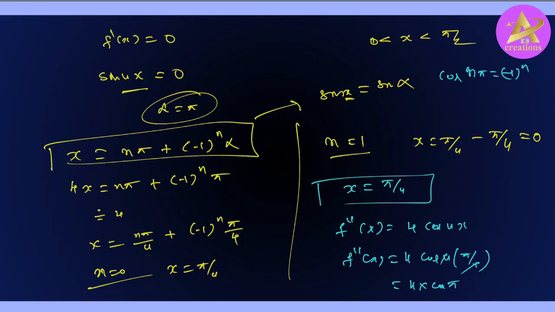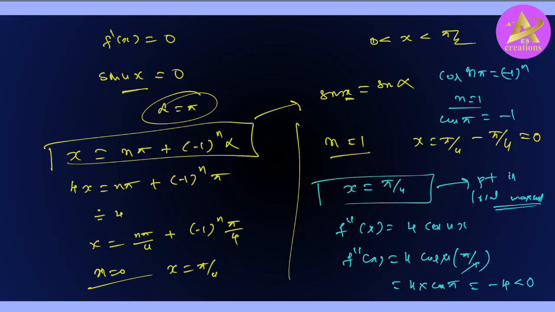Here, what is the coefficient of pi? 1, right? If n is equal to 1, we get cos pi, nothing but minus 1. That means we get minus 4, which is less than 0, so this point is local maximum.